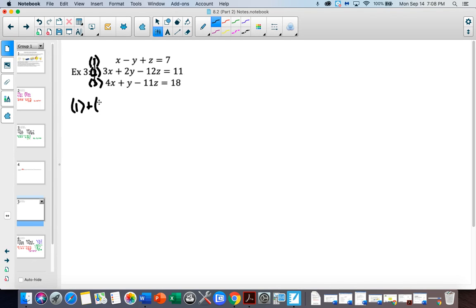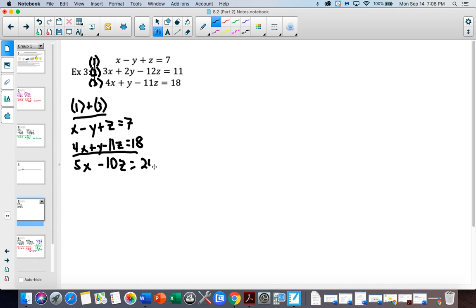So 1 plus 3, and I will have x minus y plus z equals 7, and 4x plus y minus 11z equals 18. So if I add, I get 5x, the y's cancel, minus 10z equals 25.